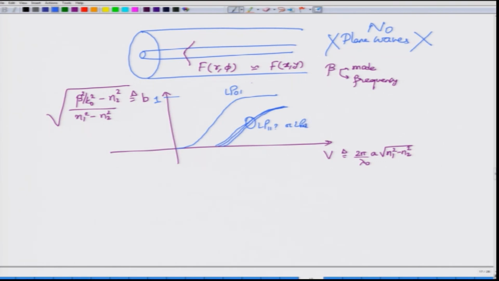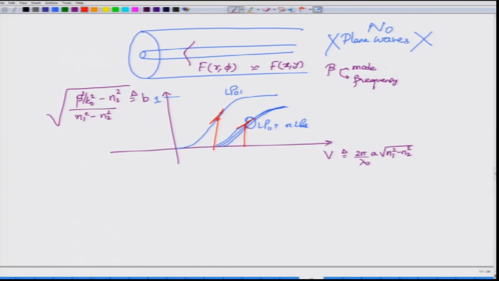But nevertheless, the point here is that you are now looking at the propagation constant, which is different at different modes, as well as how exactly it varies around that mode. So, this variation is both in terms of mode as well as in terms of frequency at a given mode itself.